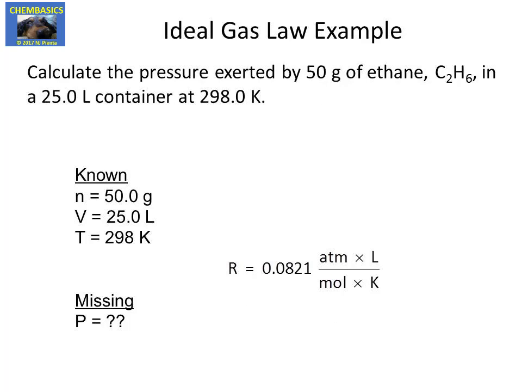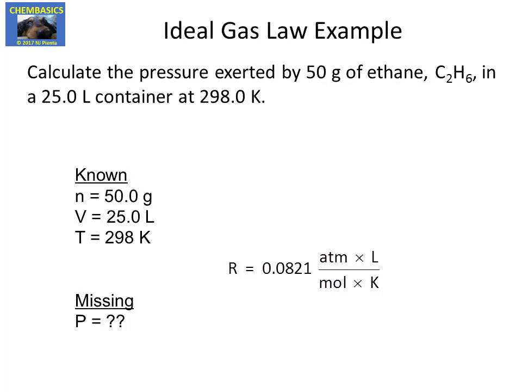This is another variation of the same kind of question. Calculate the pressure exerted by 50 grams of ethane, C2H6, in a 25-liter container at 298 K. What's known is that the value for the amount is 50 grams, and grams are not moles.